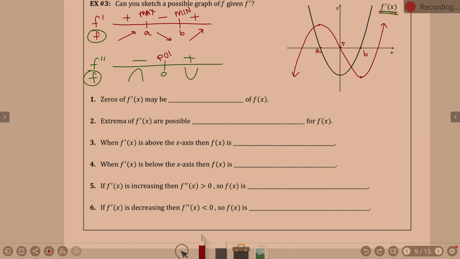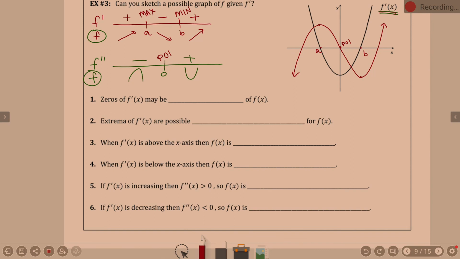Notice right there, my point of inflection. Now think about it. My first derivative was a quadratic. Notice the original graph is a cubic looking thing.